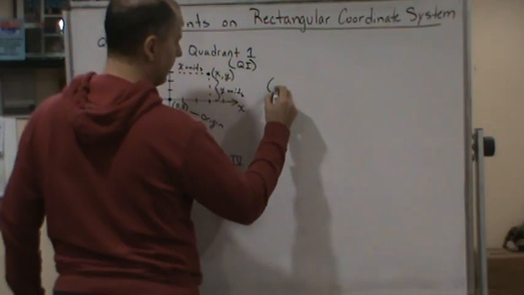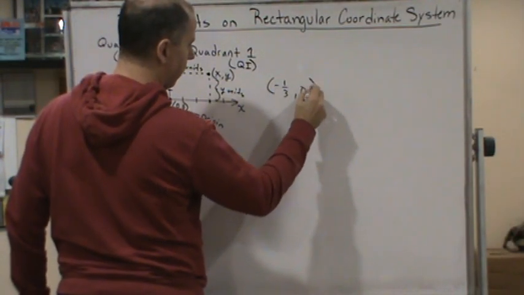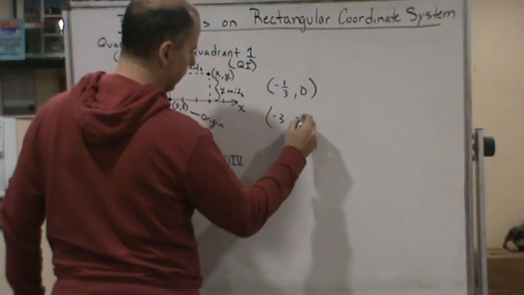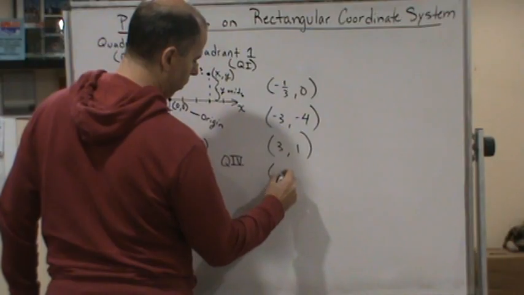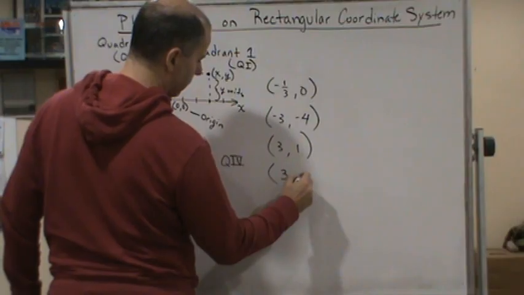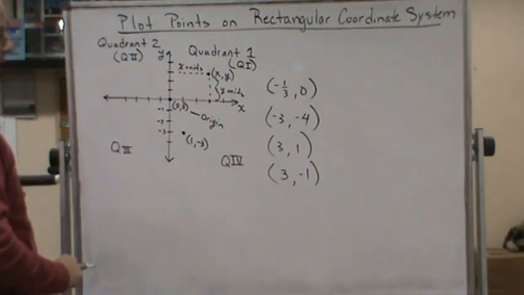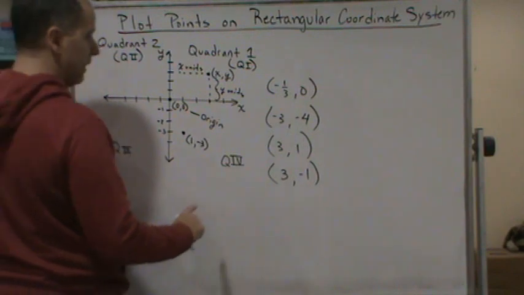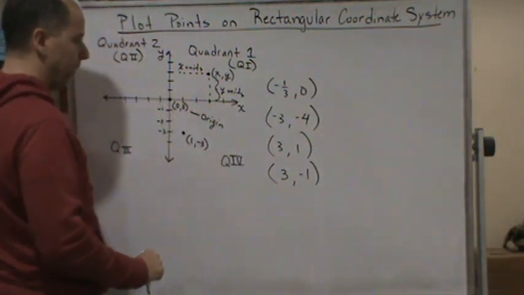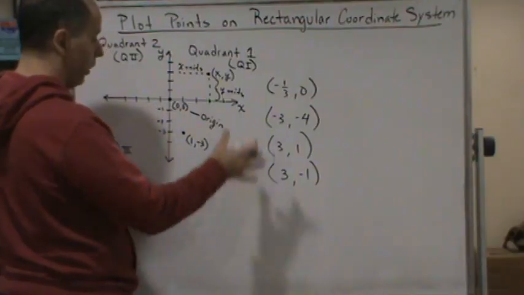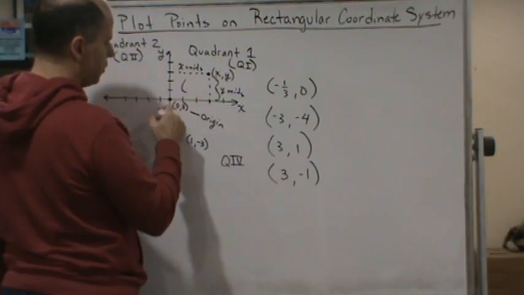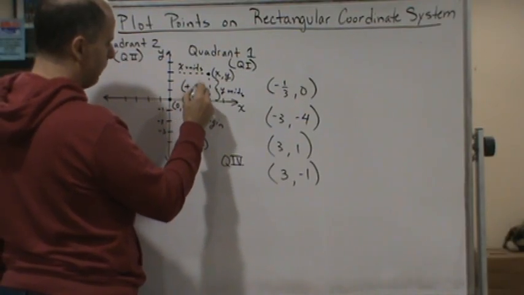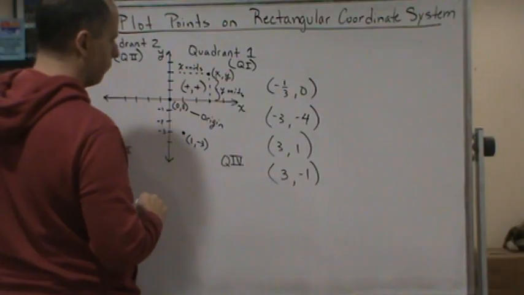So whether it's (-1/3, 0), or (-3, -4), or (3, 1), or (3, -1). Now the cool thing is the sign of each ordered pair tells you what quadrant you're in. If you're in the first quadrant, each coordinate will be positive: positive, positive.